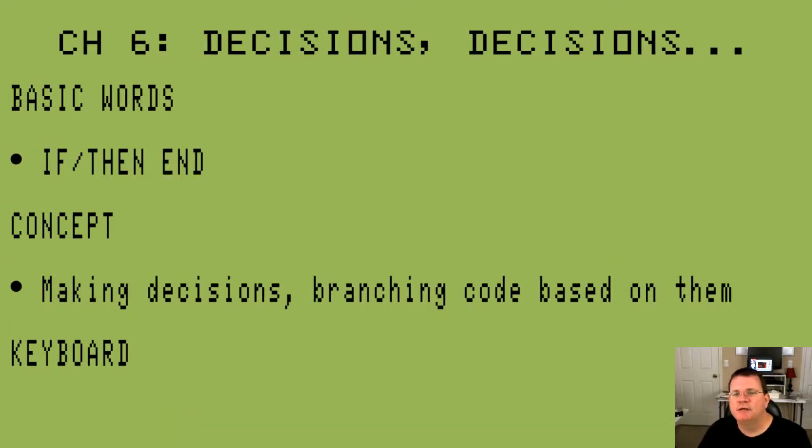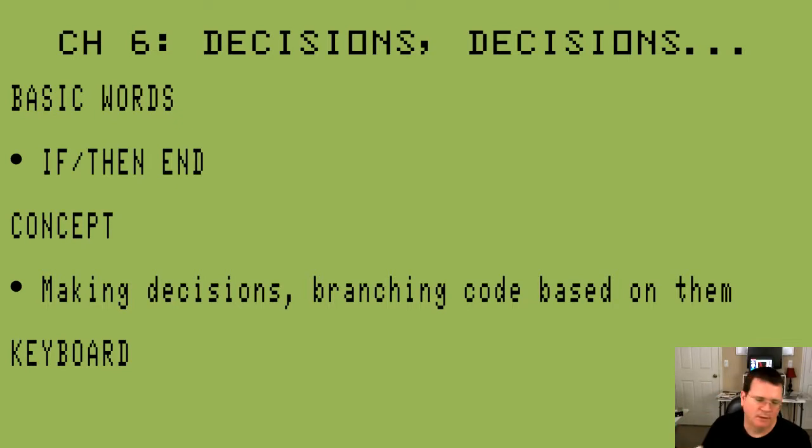This brings us to chapter 6, which was called Decisions. The words here were if and then and end. So if then is a great way to make decisions within your software, to compare things. If this is true, then do that. If this is false, then do that. If I'm asking for red or blue, make your screen red or blue.